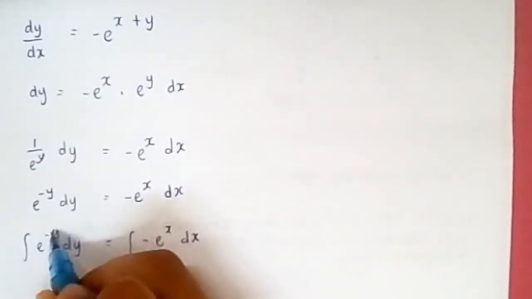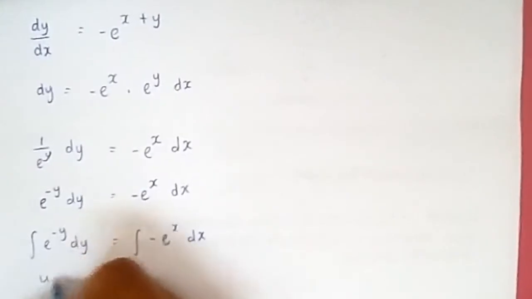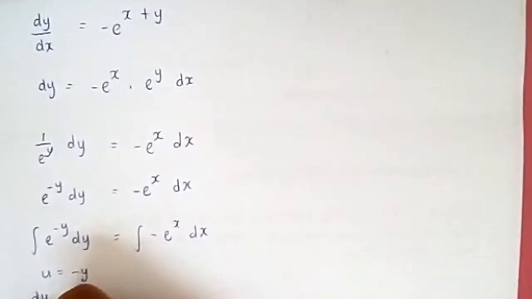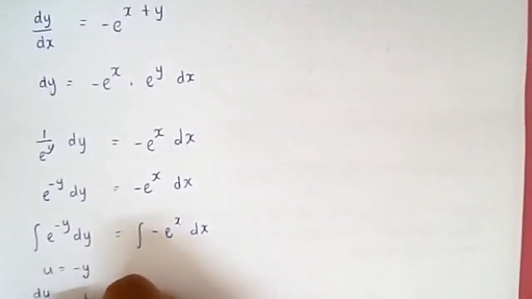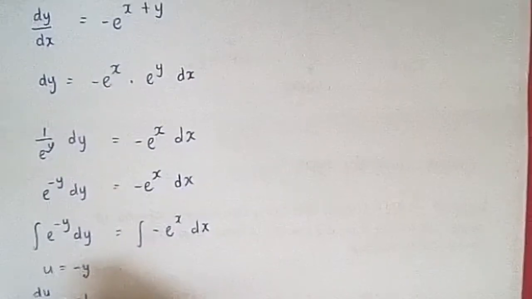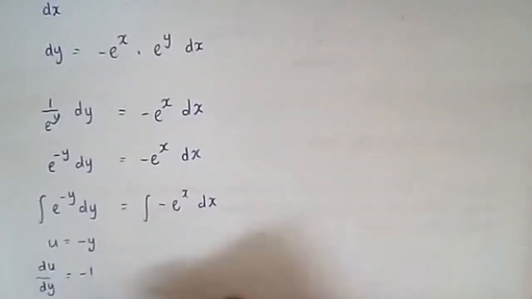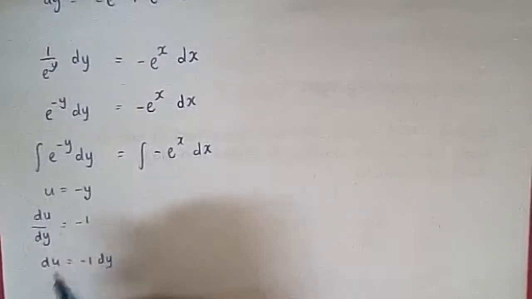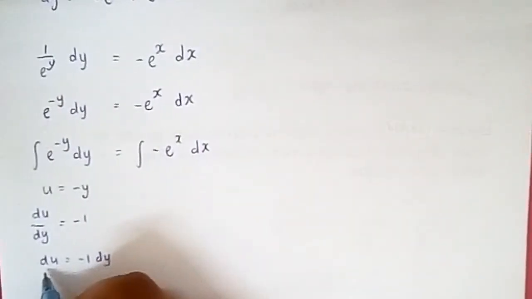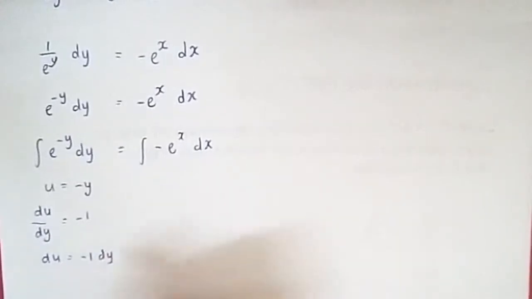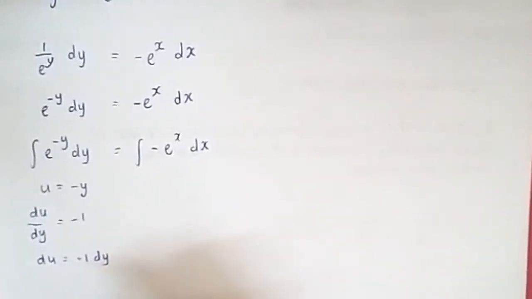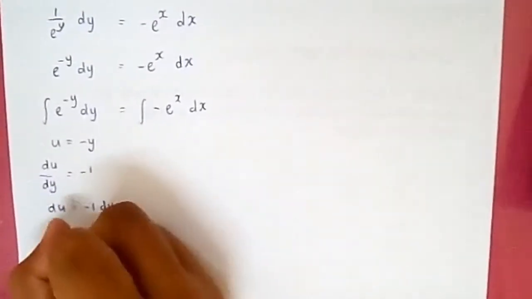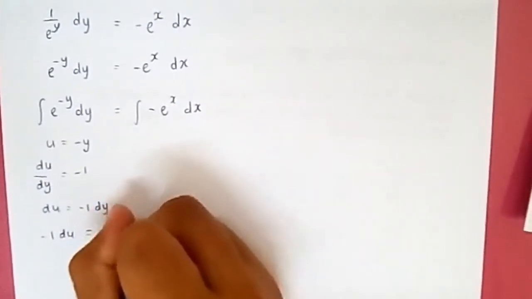Let negative y be u, and then du over dy equals negative 1. Divide du by negative 1, and negative 1 dy also divide by negative 1, so negative 1 du equals dy.